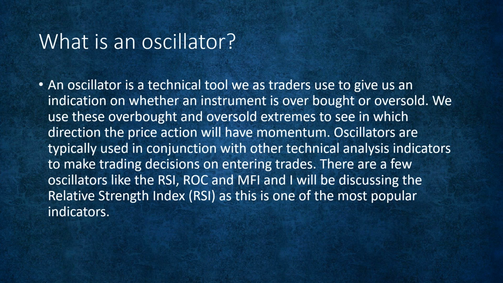We use these overbought and oversold extremes to see which direction the price action will have momentum. Oscillators are typically used in conjunction with other technical analysis indicators to make trading decisions for entering trades. There are a few oscillators like RSI, ROC, MFI that do the same, but this is the one we're going to discuss, and it is the most popular.